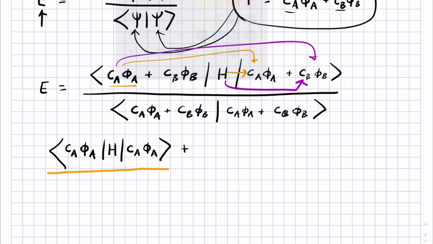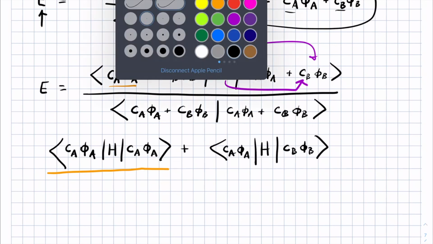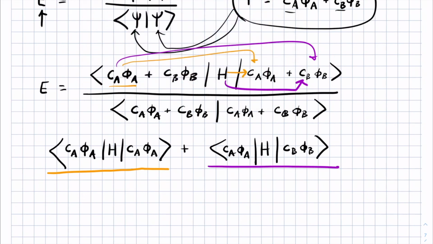So that's going to give us the Hamiltonian applied to Cb phi b, Ca phi a. And that's our purple term. With me so far? We're basically doing FOIL. We're multiplying two binomials. I don't remember what the algebra is called.